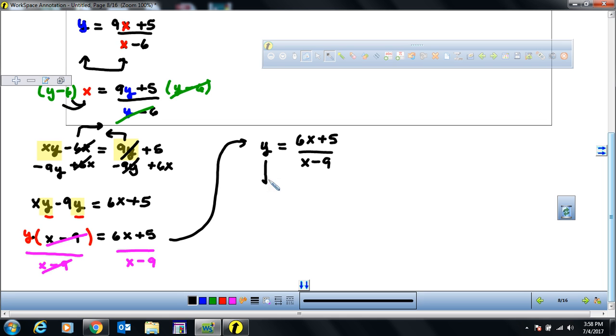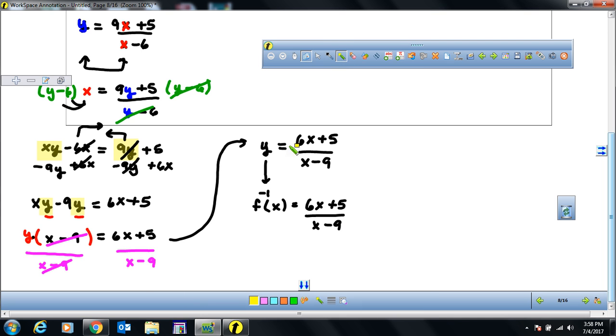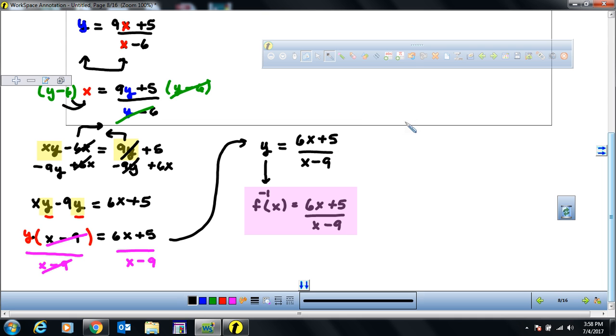And now we're going to change the y back to f of x. Since this is the inverse, it is represented with the power of -1. This means the inverse of f of x is equal to 6x plus 5 divided by x minus 9. And that is my inverse function. You can check your solution by doing the composition, and remember, for the composition, it must give you x as an answer.